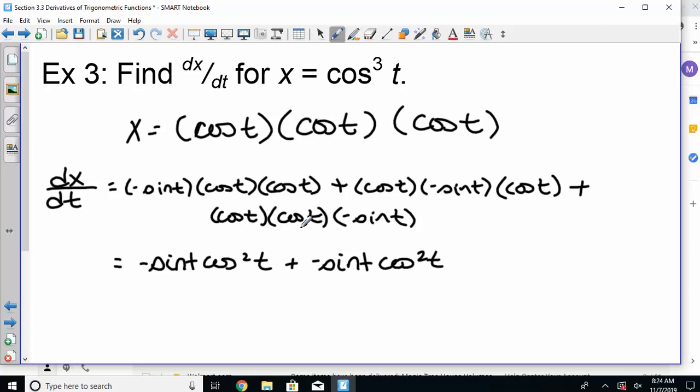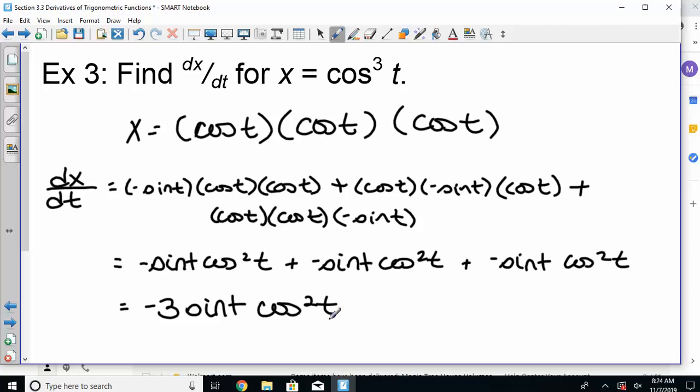And the last term, cosine times negative sine is also negative sine t cosine squared t. These are all like terms, so you add their coefficients, so we get negative 3 sine t cosine squared t.